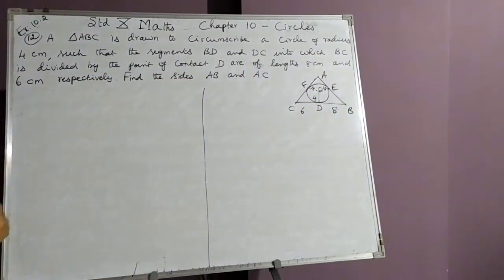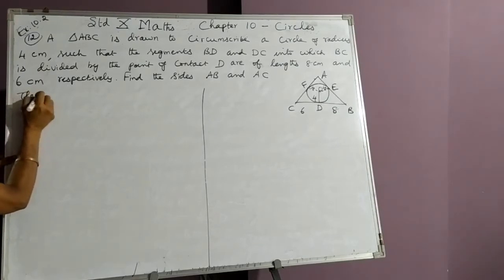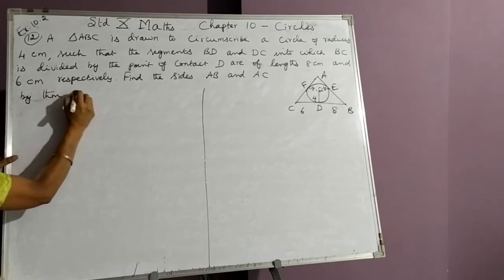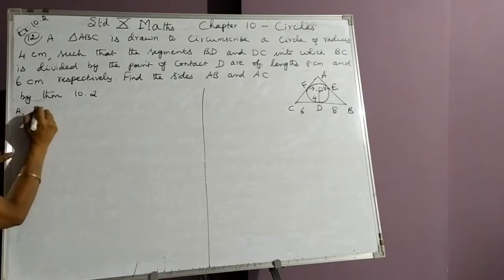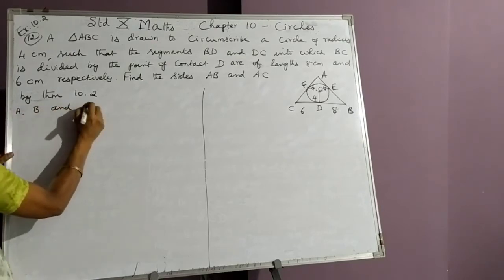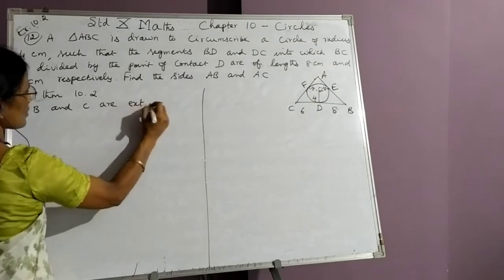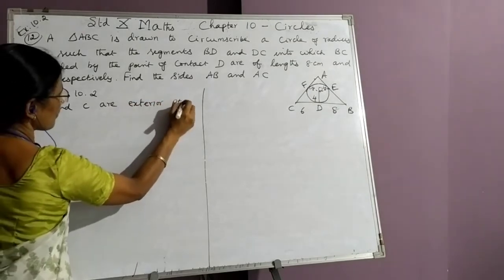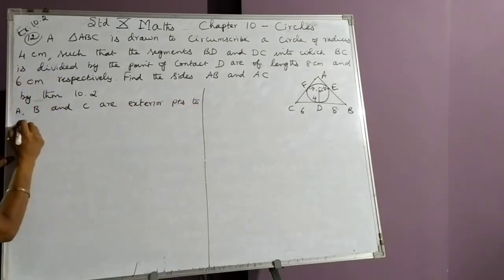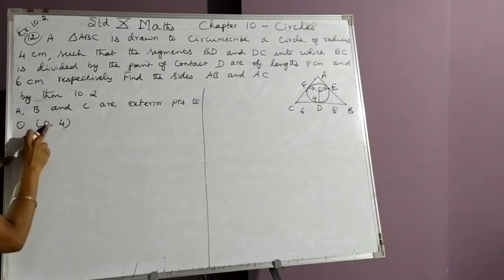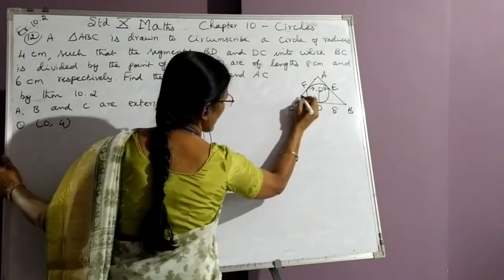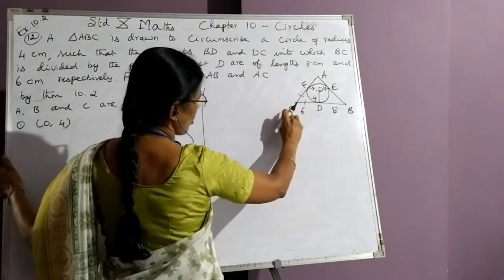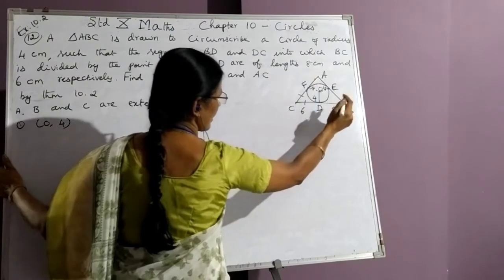First, we are going to use theorem 10.2. So, by theorem 10.2, A, B and C are exterior points to the circle with center O, radius 4. Therefore, we know CD and CF are equal. The lengths of the tangents drawn from an external point to a circle are equal.